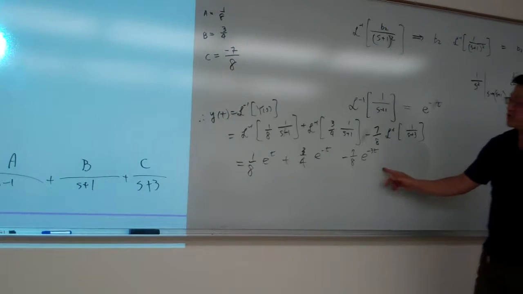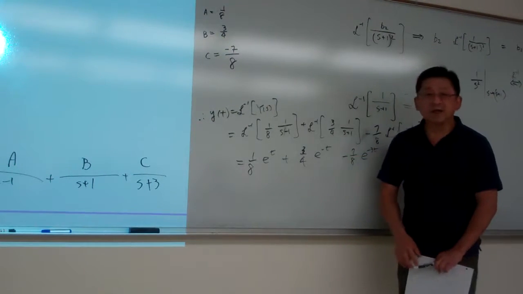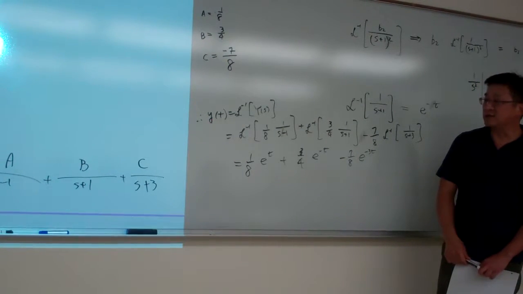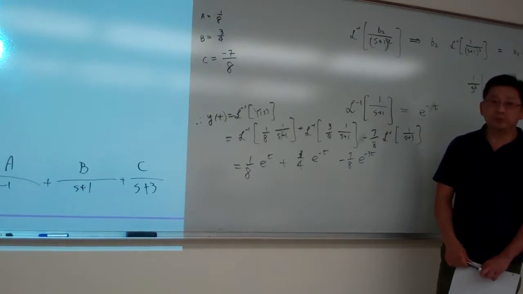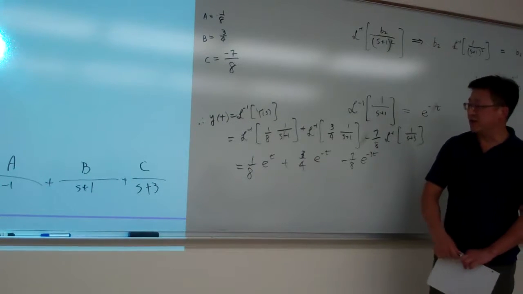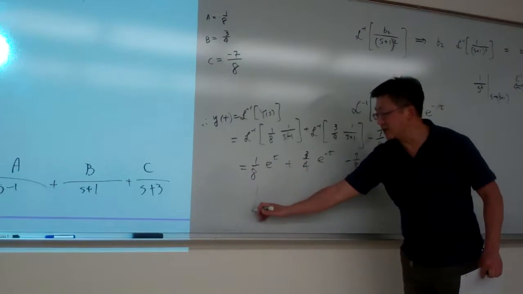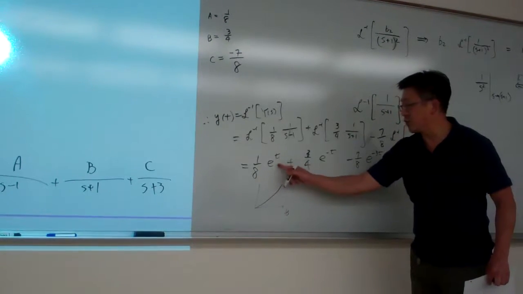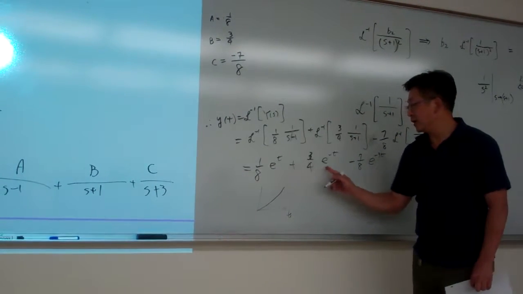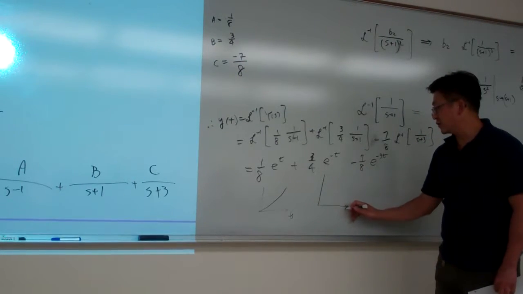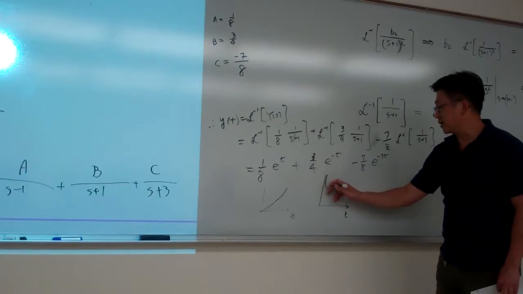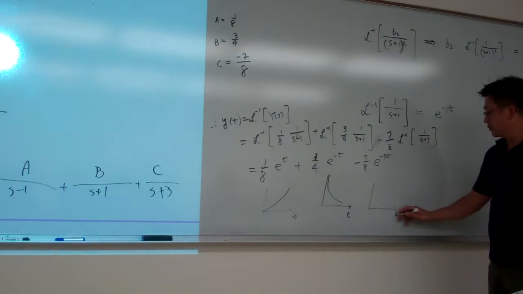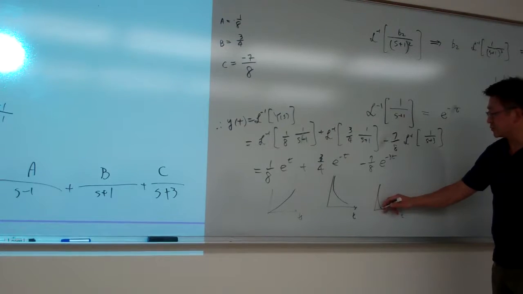So this is the response of the system in the time domain. And right away you can tell the system eventually will blow up, because this term is exponentially growing, this one is exponentially decaying, and e to the minus 3t decays even faster.